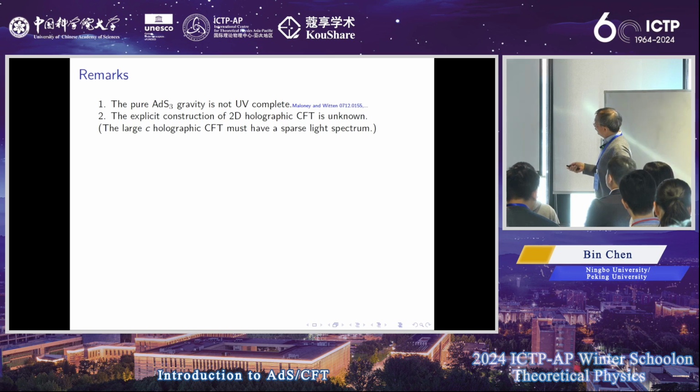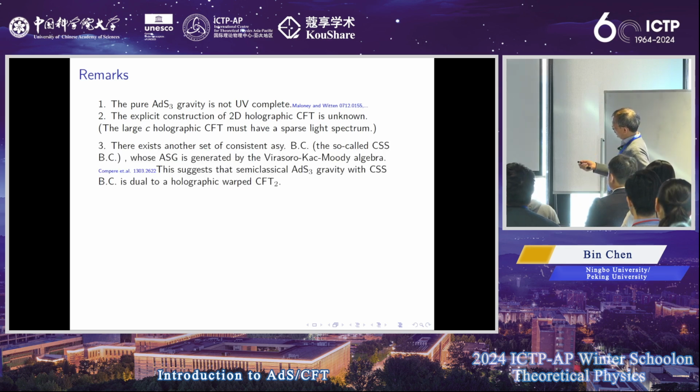Nevertheless, we know that this holographic CFT should satisfy some kind of property. For example, the holographic CFT must have a sparse light spectrum. That means the light operator spectrum in the CFT should be sparse, not very dense.